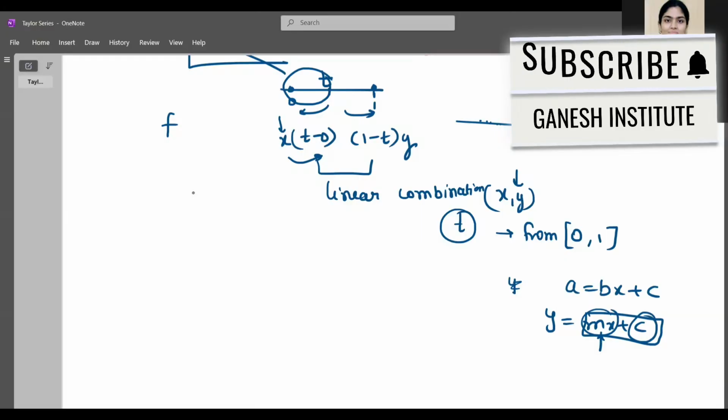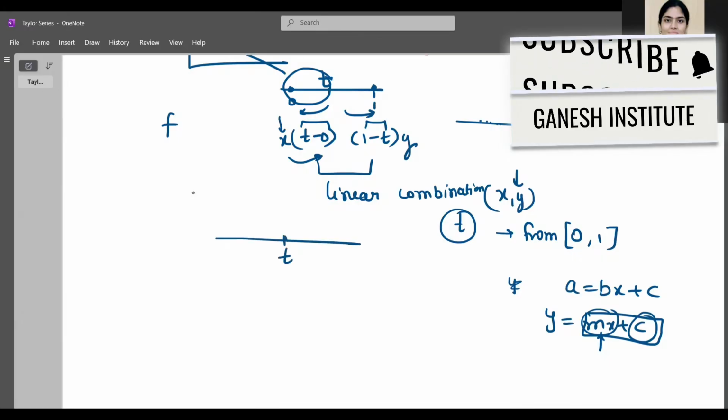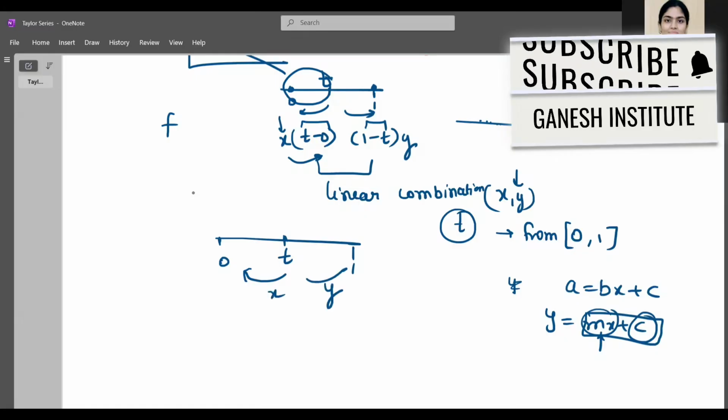Yes. So similarly, apply the same analogy here. So this is the span. Whatever is the interval, I have taken one value. Any span it can be, which is lying from 0 to 1. So I have considered it for x and for y.